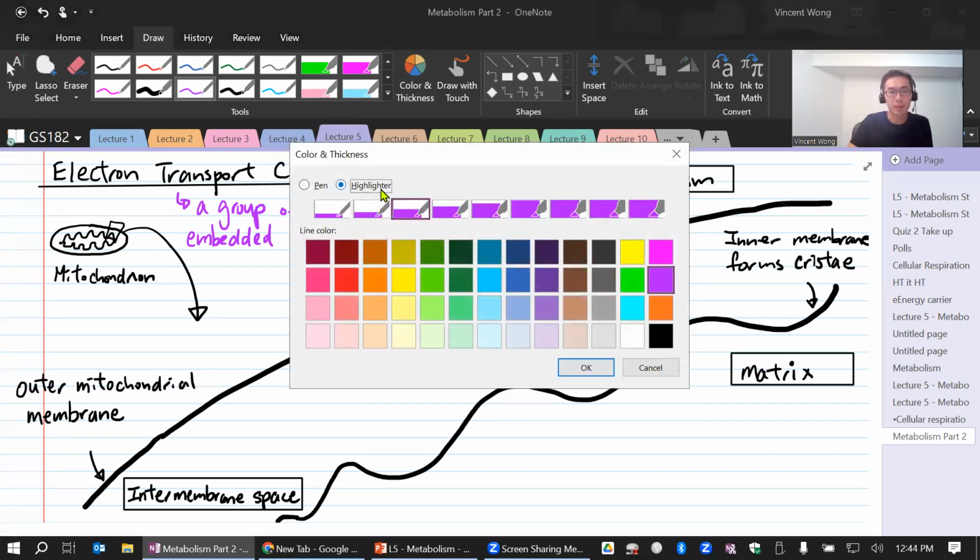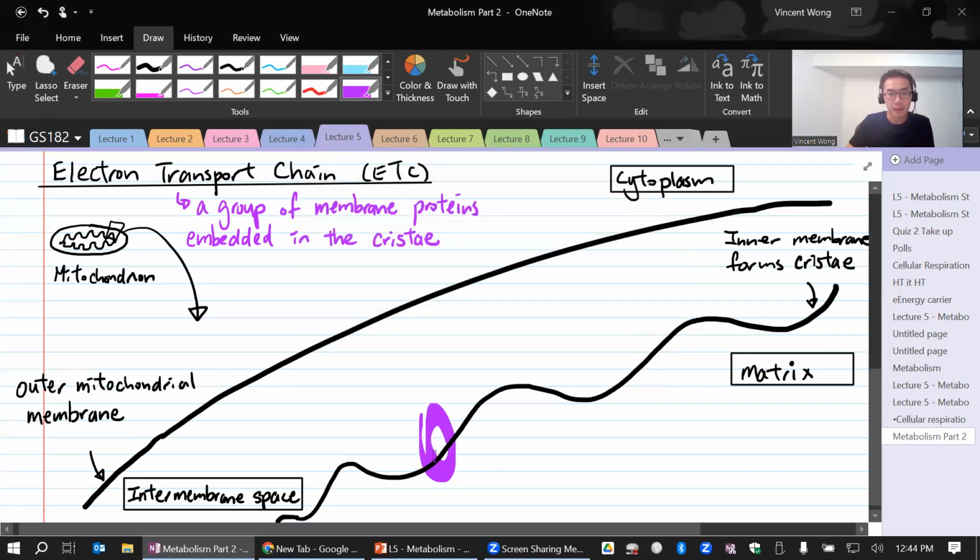Okay, so I'm gonna draw some for you. That's 1, 2, 3. Okay, 3. That's an ETC. These are proteins. And you might have another ETC here, another ETC elsewhere.